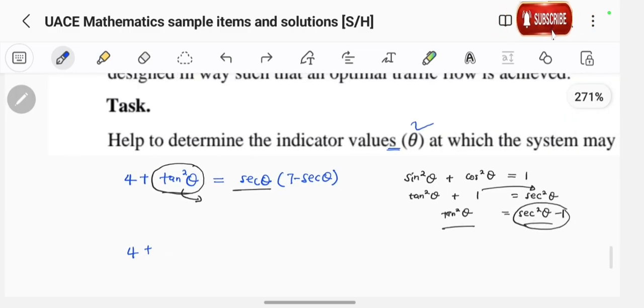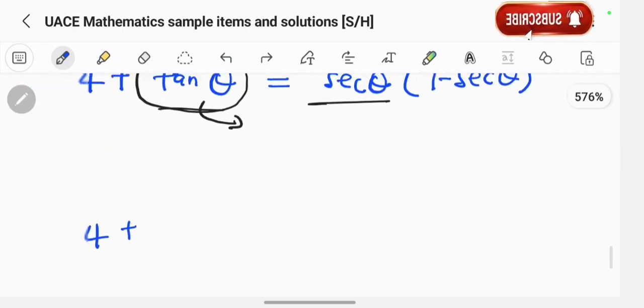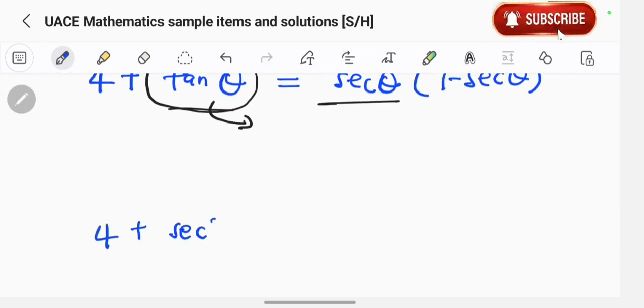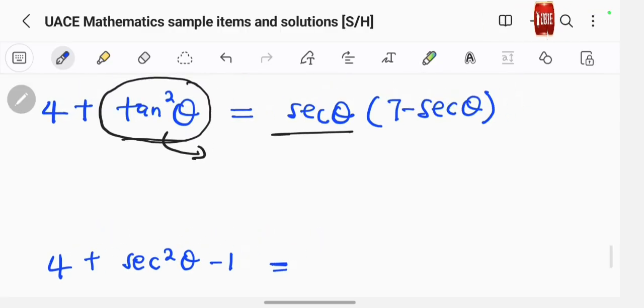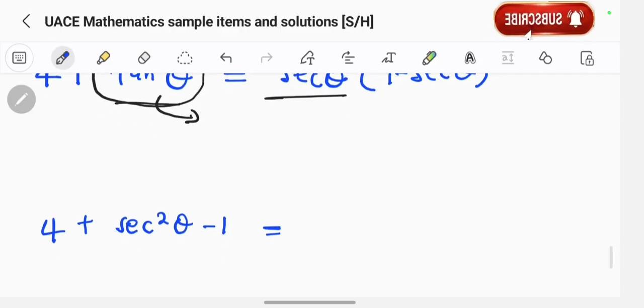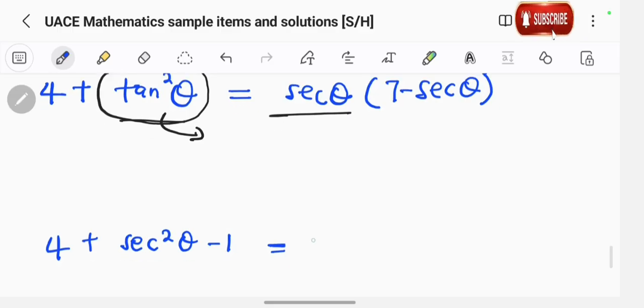Tan squared theta is sec squared theta minus 1, equal to sec theta (7 minus sec theta). So I'm going to be opening this bracket at the same time dealing with the left. So when I enter sec theta, it's going to be 7 sec theta minus sec squared theta.